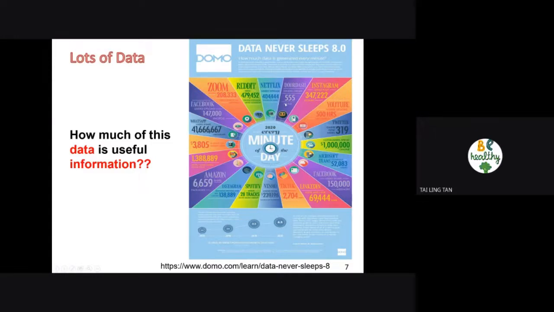So this is data that shows the whole picture. We just combine everything and show the picture. This is 2020: every minute of the day, how much data is passed through these websites. A lot of data is passed from the terminal to the server, through the whole internet, and if possible some servers will catch all this data and try to do some analysis.